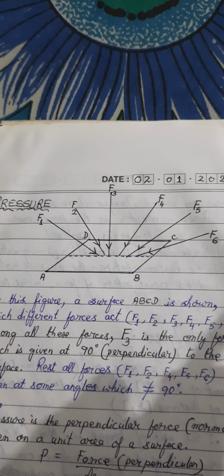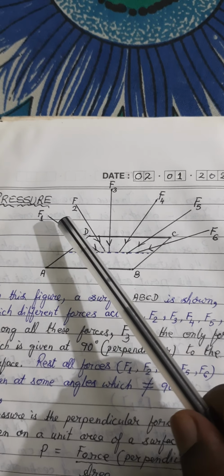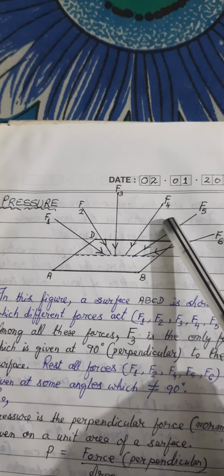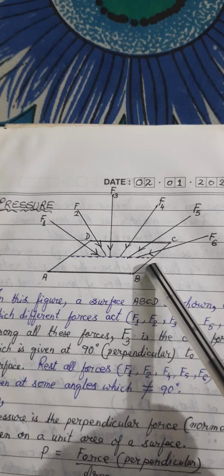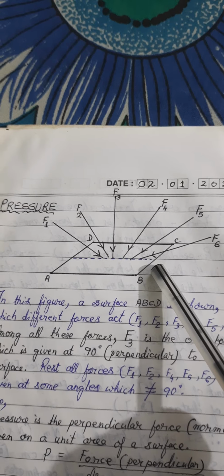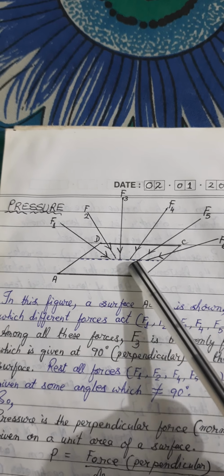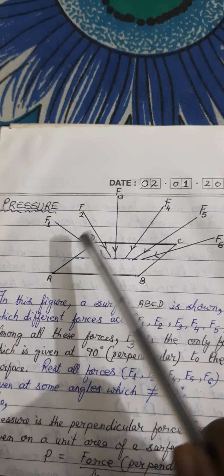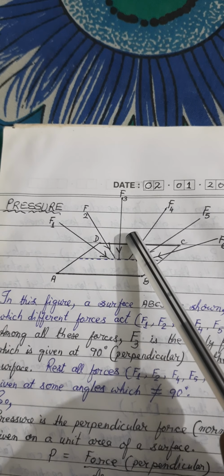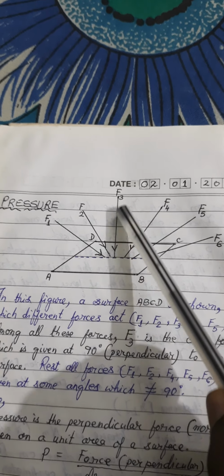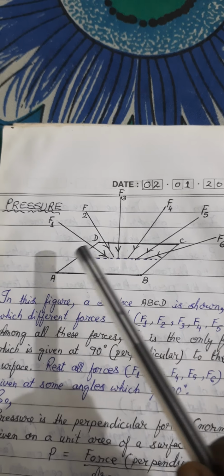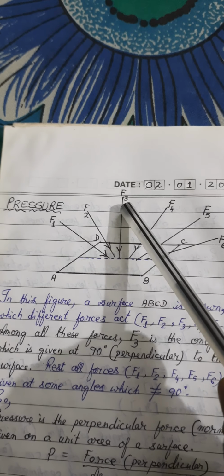Alright. All these forces, that is F1, F2, F4, F5 and F6, act at various angles. They make various angles with the given surface. But it is only F3, this particular force, which acts straight, making an angle of 90 degrees with the surface.